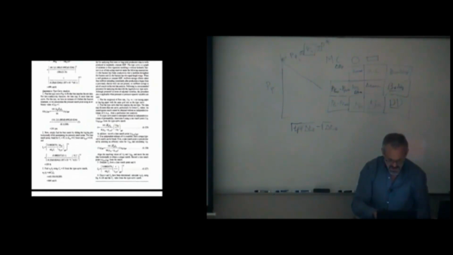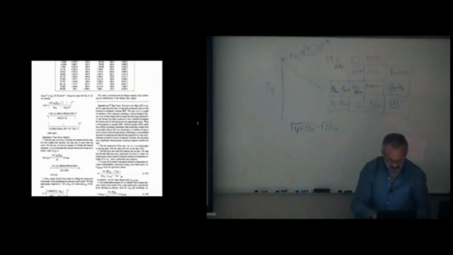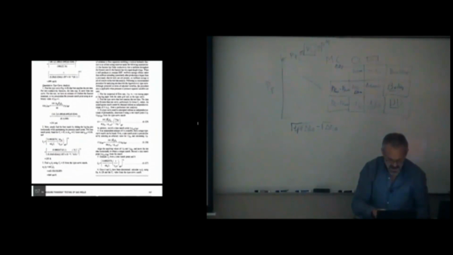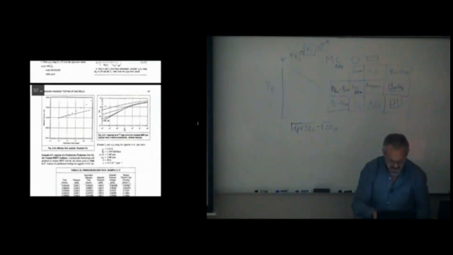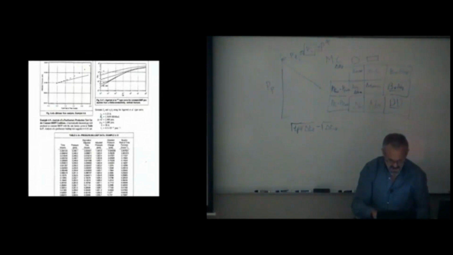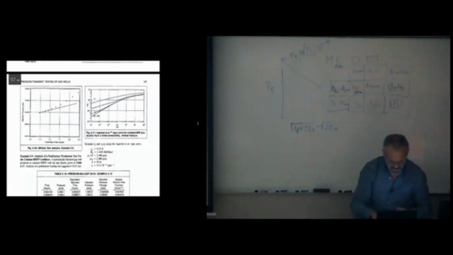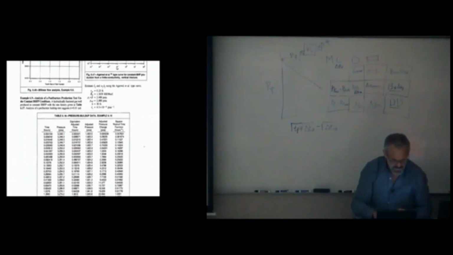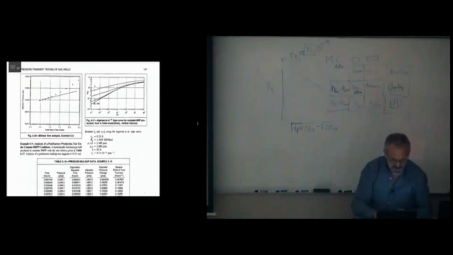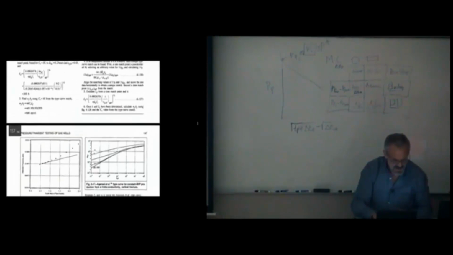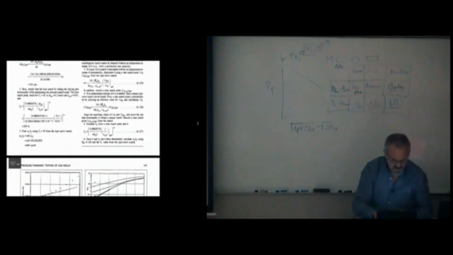Here's where we got our 205. Do they use this type curve right here? I don't see any data on it. Then they go to example 6.9. Well, we can calculate it.